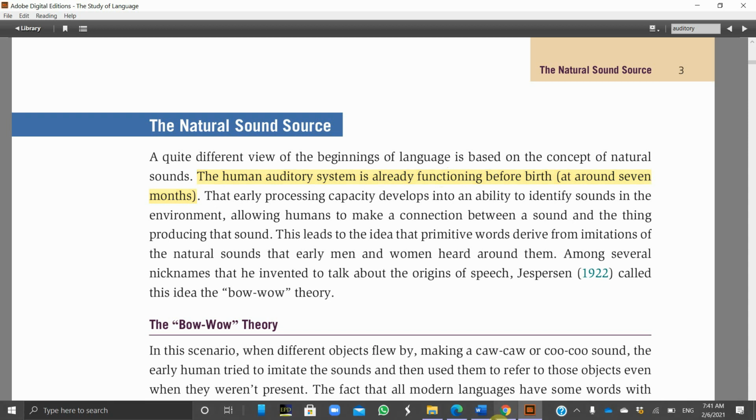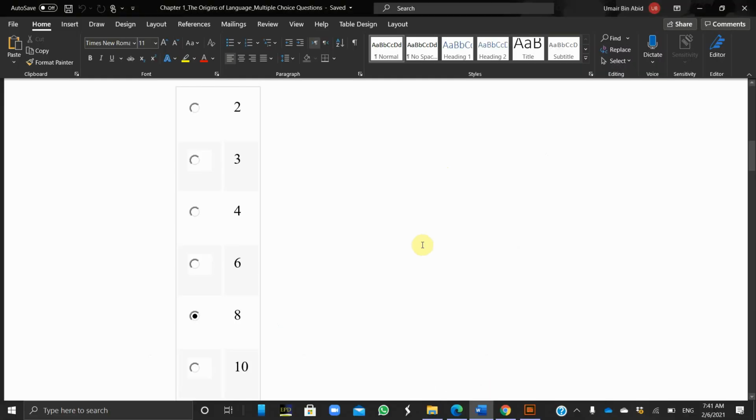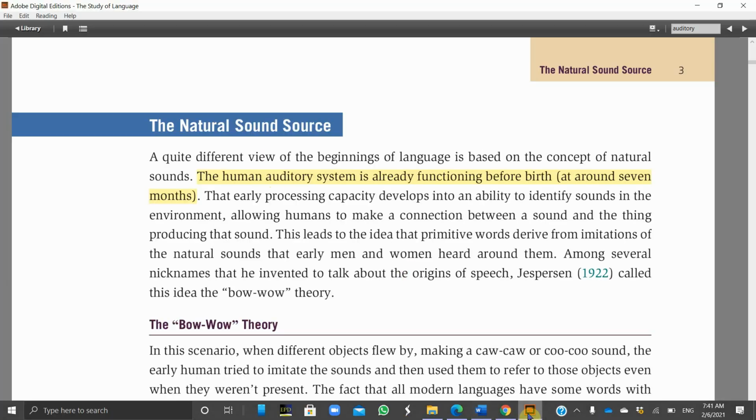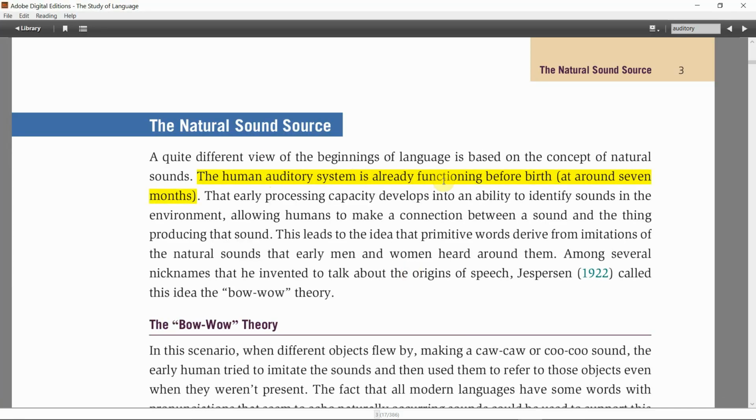But what is the MCQ? The MCQ is how many weeks before birth is the human auditory system functioning? Now they are asking how many weeks before birth, but what is written in the book? The human auditory system is already functioning before birth at around 7 months.